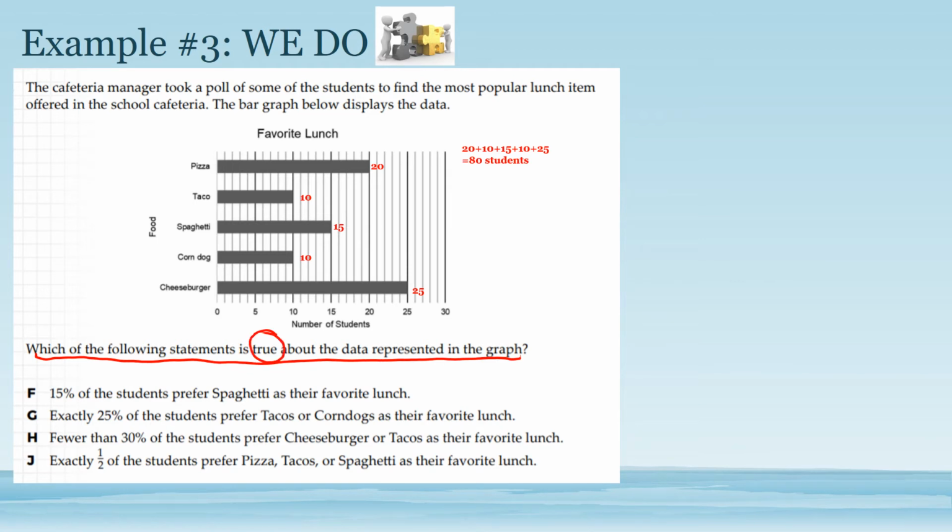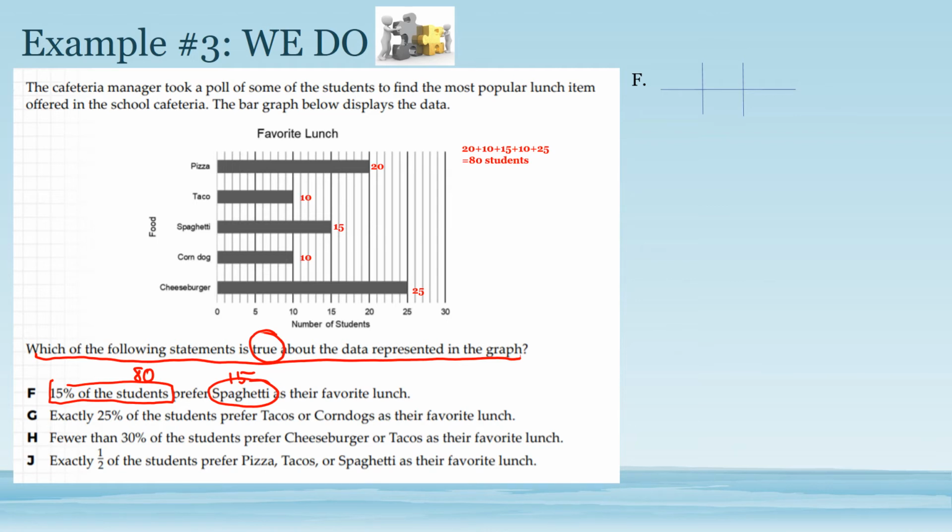F. 15% of the students prefer spaghetti as their favorite lunch. So 15% of the students, and there's 80 students, prefer spaghetti as their favorite lunch. And we know there's 15 students that like spaghetti. Well, now we're talking about percent. So we're going to set up our Big H strategy.